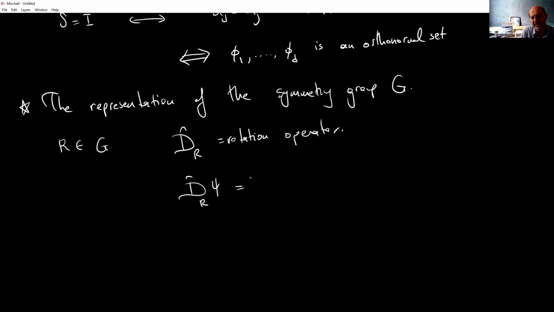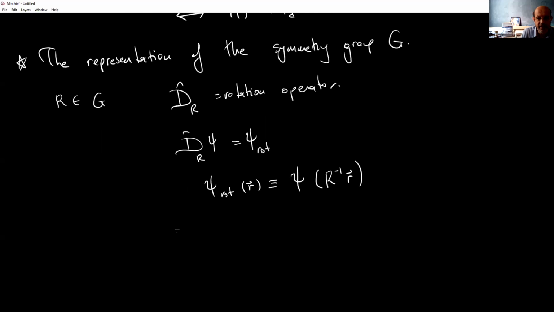A rotation operator applied on a wave function gives you the rotated wave function, and we said that the value of the rotated wave function at a position r is the same thing as the old wave function at the inverse rotated position, right? This was the definition, and we have argued why this has to be so. From here, we deduced that this has to be unitary because it's norm preserving and things like that. Just keep this in mind.